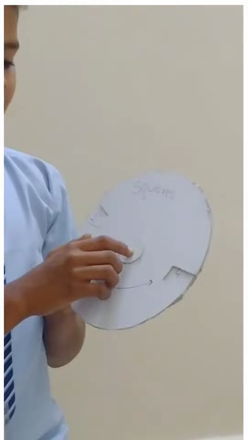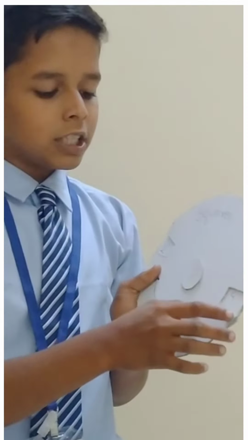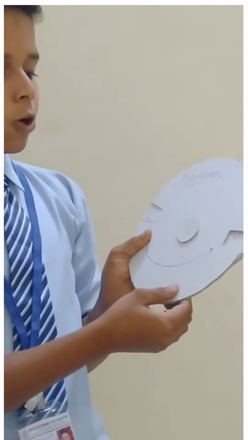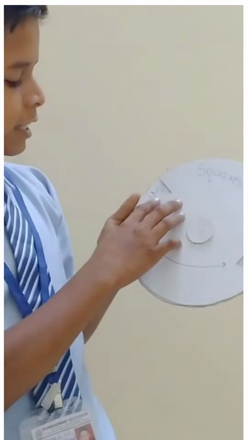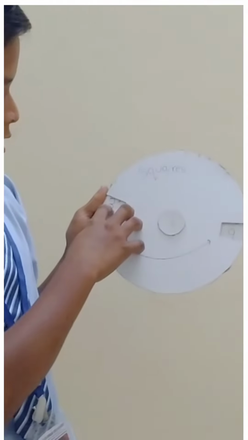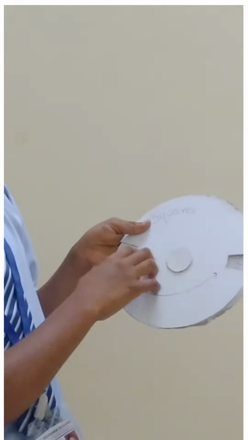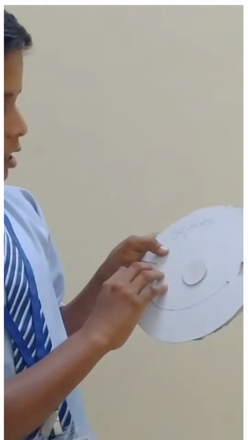Then I put it like this, and then I took scissors and cut it like this, and then I wrote the squares in it. 2 square is 4, 3 square is 9, 4 square is 16, 5 square is 25, 6 square is 36.